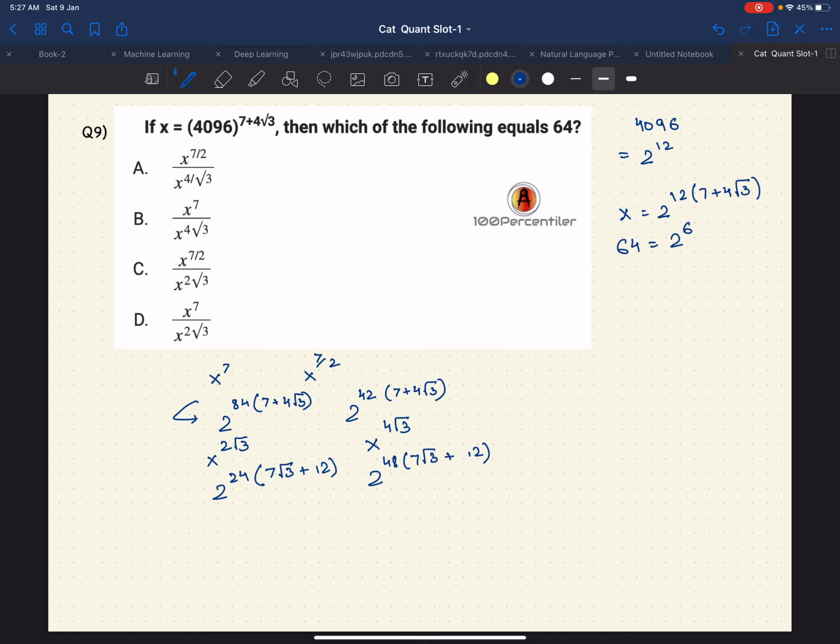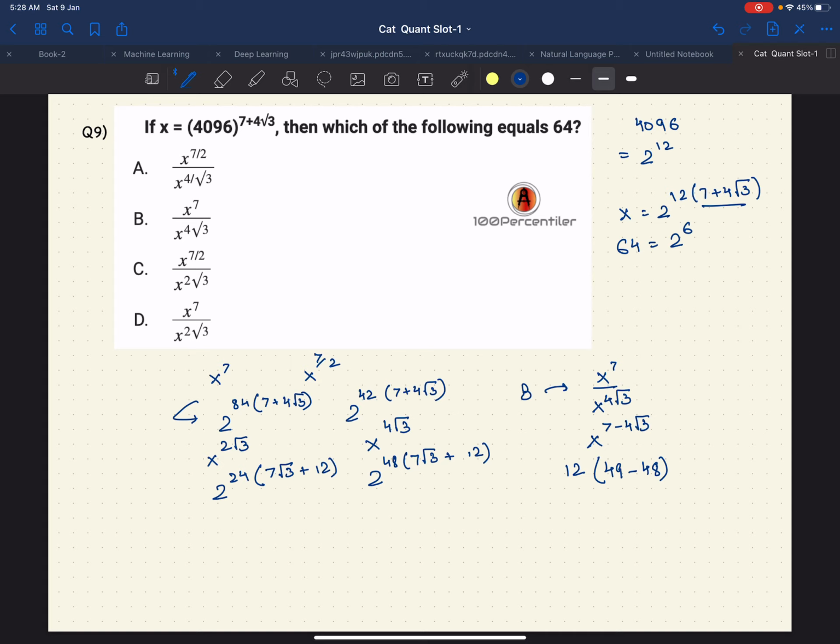Now, if we compute the values of various expressions, let's look at b first. We have x raised to power 7 upon x raised to power 4 root 3. So if we just use the powers here, this will be x raised to power 7 minus 4 root 3. And we know that 7 minus 4 root 3 multiplied by 7 plus 4 root 3 will be 49 minus 4 root 3 square, which is 49 minus 48.